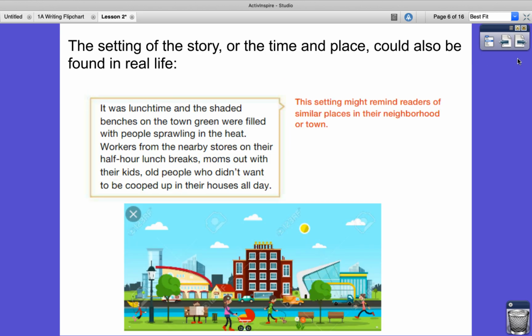The setting of the story, or the time and place, could also be found in real life. It was lunchtime and the shaded benches on the town green were filled with people sprawling in the heat. Workers from the nearby stores on their half-hour lunch breaks, moms out with their kids, old people who didn't want to be cooped up in their houses all day. So this setting might remind readers of similar places in their neighborhood or town.